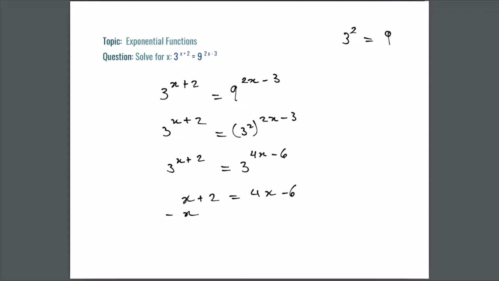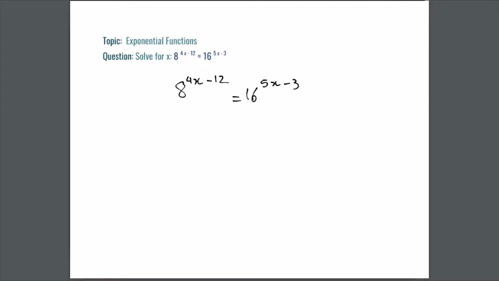We subtract x on both sides and add 6. These two will cancel. 2 plus 6 is 8. 4x minus x is 3x. So x is equal to 8 over 3.